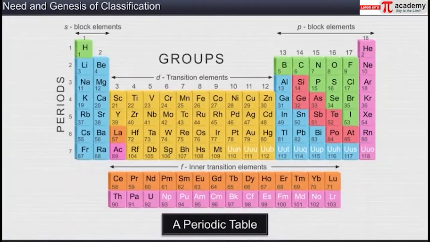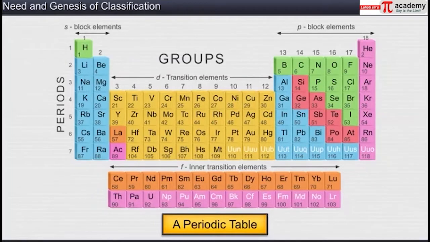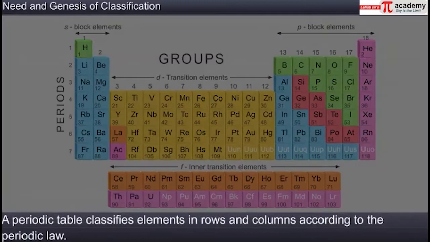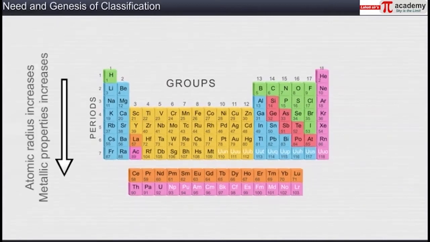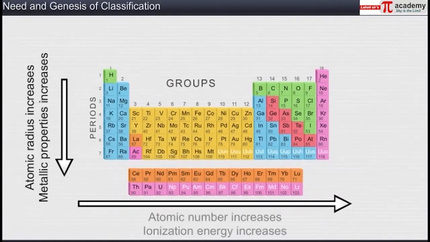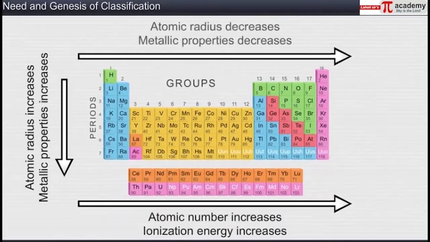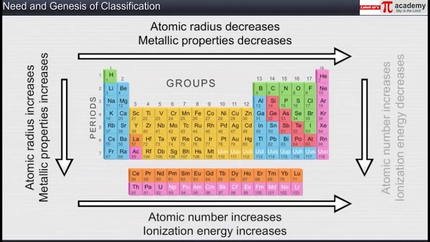After years of experiments and observations, scientists came up with the concepts of periodic table and periodic law. It classified elements in rows and columns such that the periodicity in their properties, that is, the reappearance of similar properties at regular intervals, could become apparent.